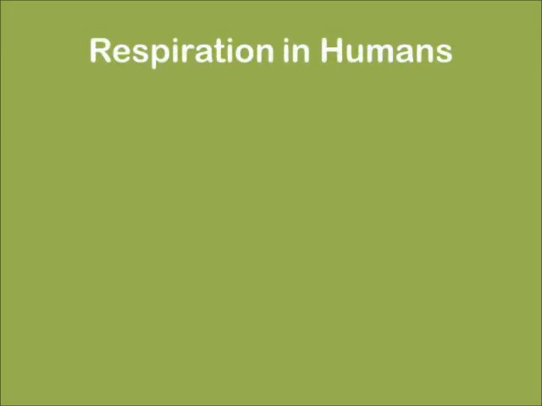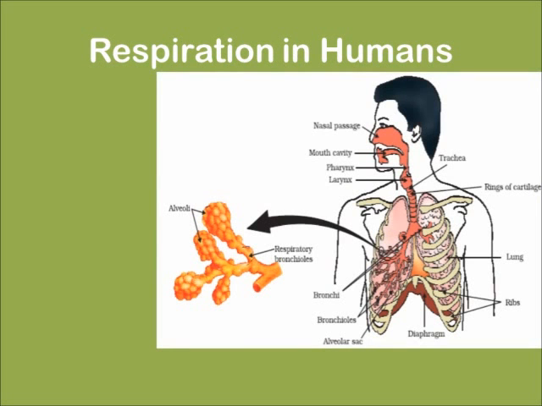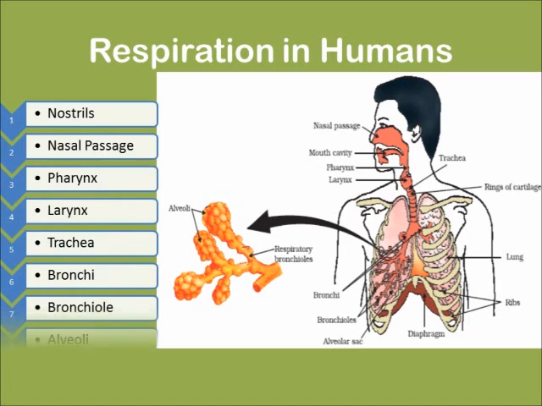Now let us learn the respiration process in humans. This is how the setup looks in a human being, and given to the left of the screen is the procedure in which the air passes through the human.